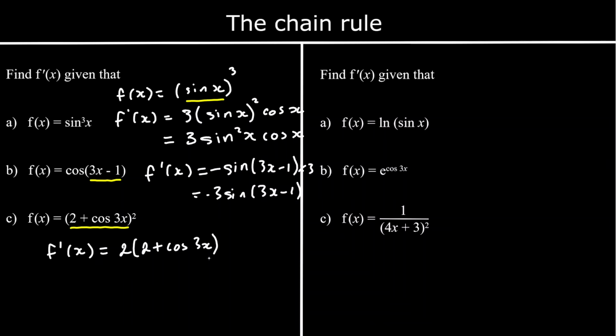Cos 3x will differentiate to give negative 3 sine 3x. So we've got negative 6 times 2 plus cos 3x times sine 3x. 3 for you to try, see if you can give them a go.